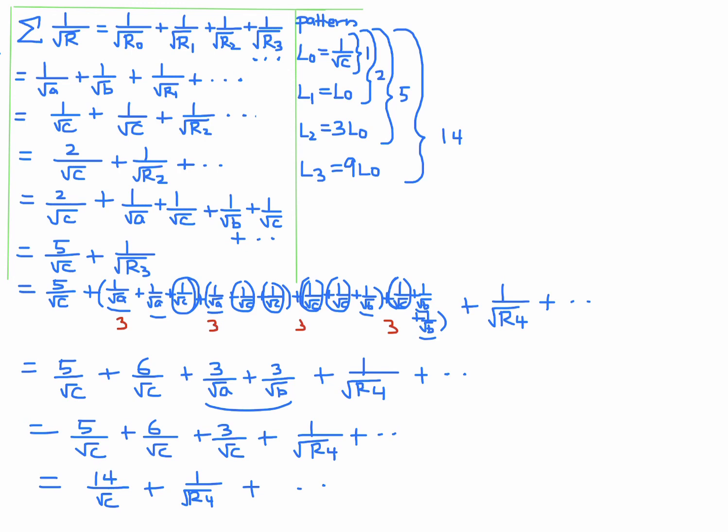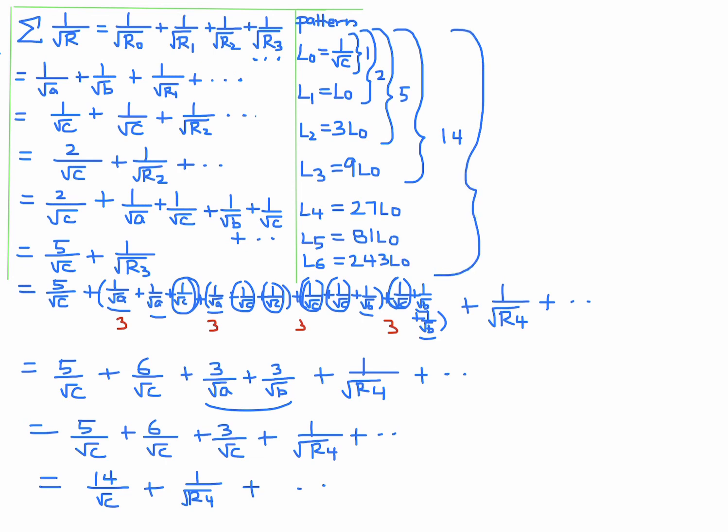So based on this, I conclude that the pattern is multiples of 3. So L4 is going to be 3 times that, which is 27 L0. L5 will be 3 times that, which is 81 L0. And the final one, because it goes only up until layer 6, is 3 times that, which is 243 L0.